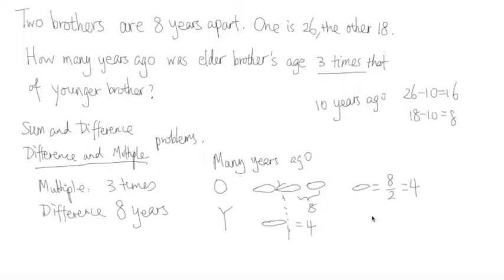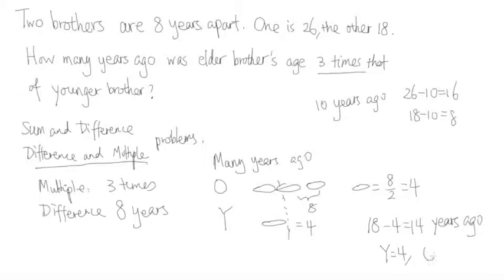Okay, so recall currently the younger brother is 18 years old. So how many years ago? You have 18. Well, to be 4 years old, you need 18 minus 4 equals 14 years ago. The younger brother will be 4 years old.